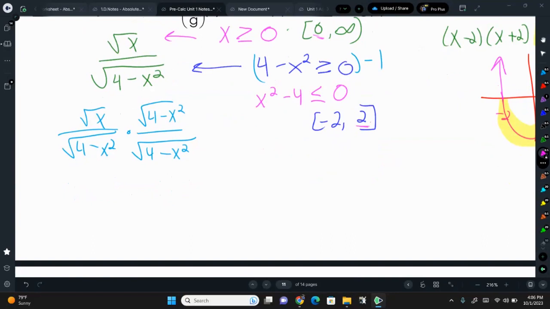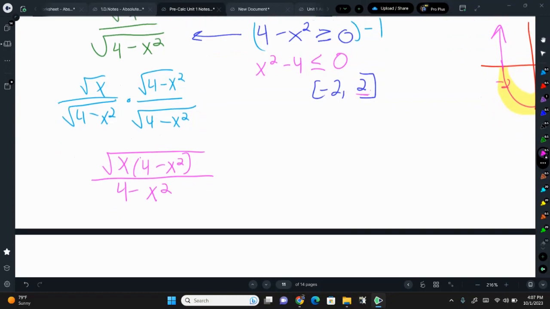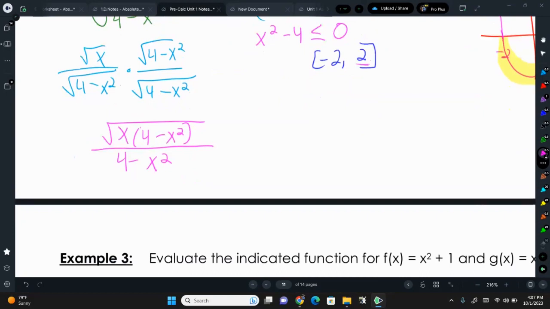Now we have the square root of x times the square root of 4 minus x squared. Because they're both square roots, we can multiply the insides. So we could write this as the square root of x times 4 minus x squared, close parentheses, all over 4 minus x squared. And believe it or not, that is as simplified as we are going to take it. And then our domain is from 0 to 2.